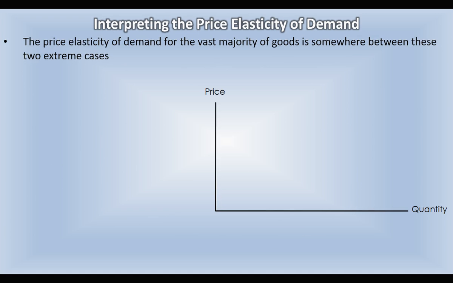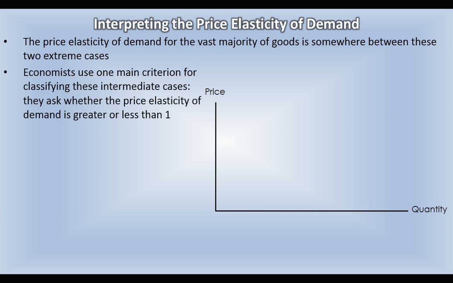All right, so the price elasticity of demand for the vast majority of goods is somewhere between the two extreme cases. We're always going to have that downward sloping demand curve generally. So economists use one main criterion for classifying the intermediate cases, the cases in between perfectly inelastic and perfectly elastic demand. We ask whether the price elasticity of demand is greater than, less than, or equal to 1.